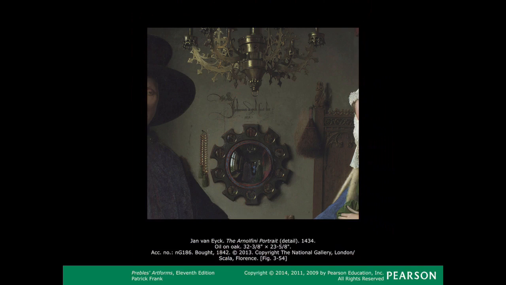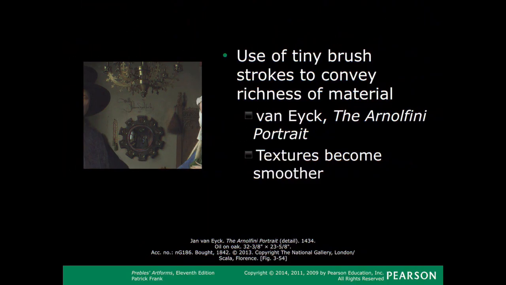Instead, Jan van Eyck, in the Arnolfini portrait, made in 1434, he and many other Renaissance artists, they paint in a more methodical way, where they're just painting in glazes, so that they can make the paint very smooth and very, very accurate. And so artists are doing many different techniques when it comes to paint.